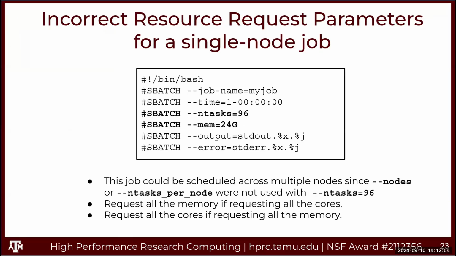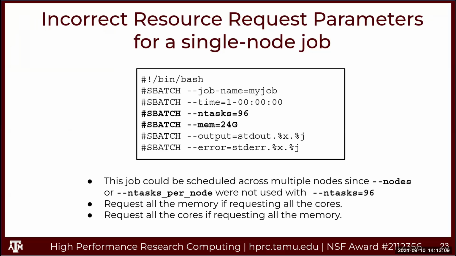All right, this is not a way you should configure your job scripts, where you just specify ntasks and do not specify nodes or ntasks-per-node. What will happen here is your job will be scheduled across multiple nodes.